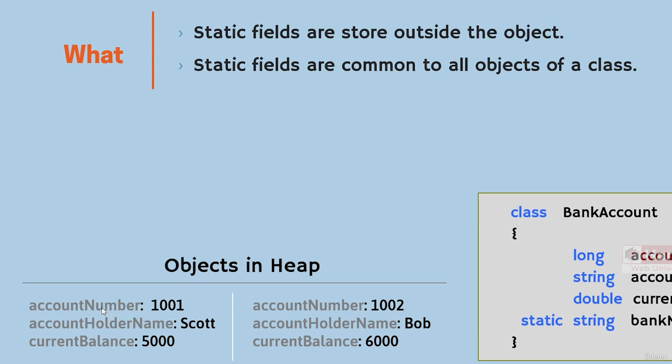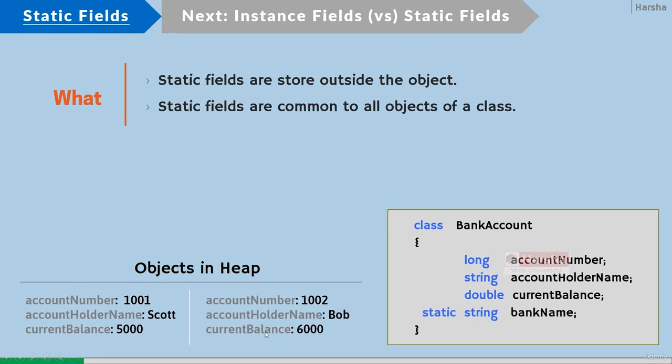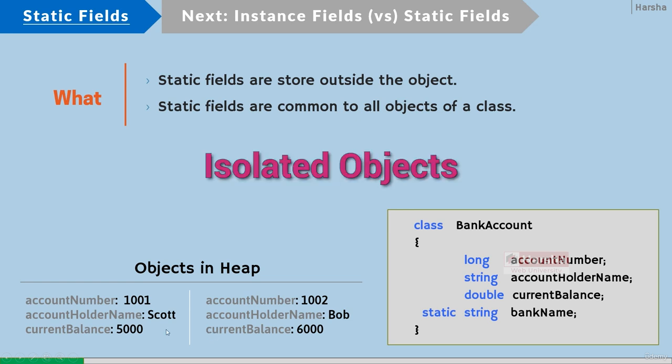See, the first object has account number, account holder name, and current balance only, but doesn't store the bank name. Even the second object also. So every bank account object has its own account number, its own account holder name, and its own current balance individually. This is called isolated objects.